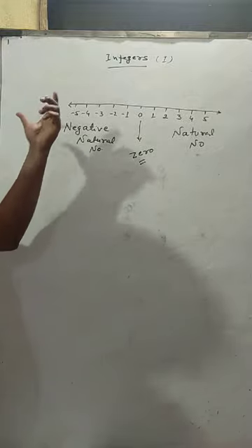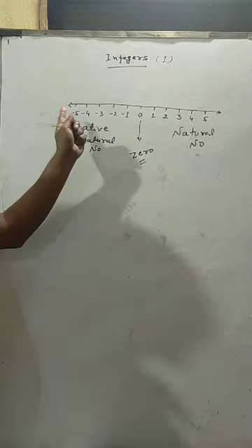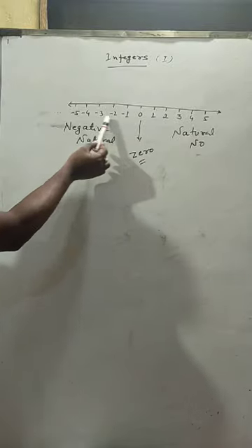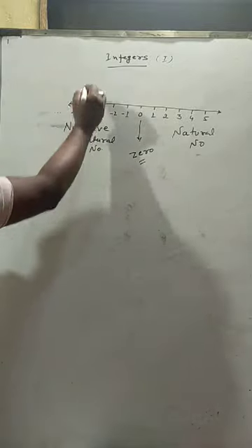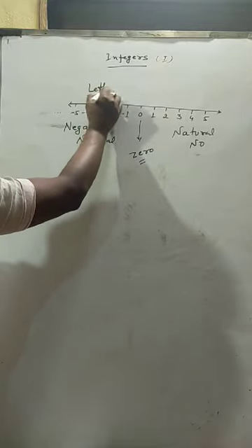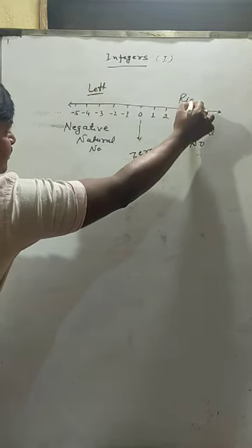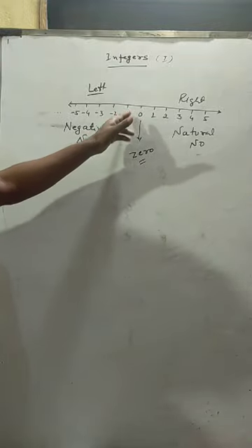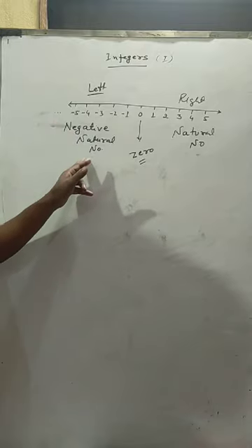See, I can represent integers using this number line. Say this side is the left side and this is the right side. On the left side of the number line, negative natural numbers are stated.